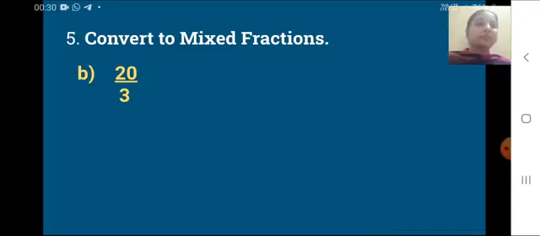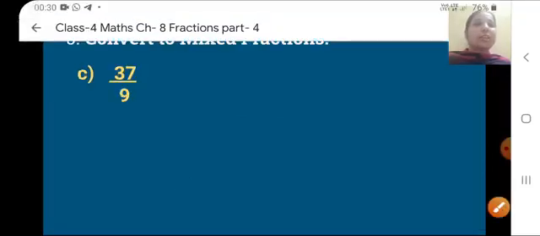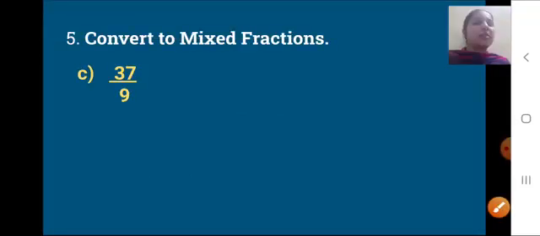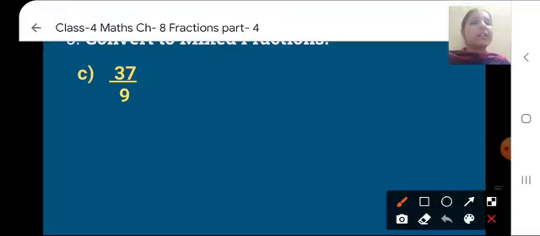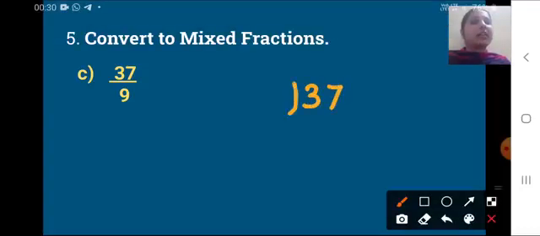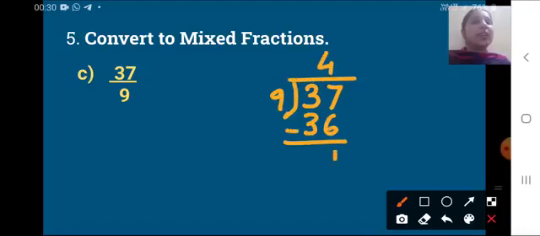Okay. Now children, 37 upon 9. So again we will divide 37 by 9. So 9 4s are 36. So we will get 1 here. So this is quotient, this is remainder, and this is divisor.